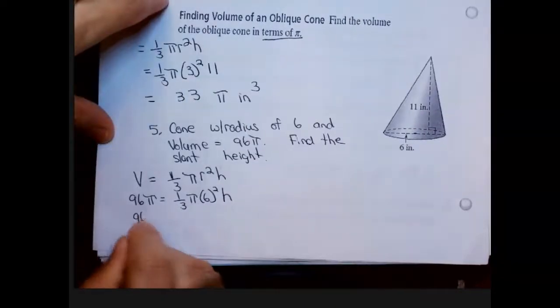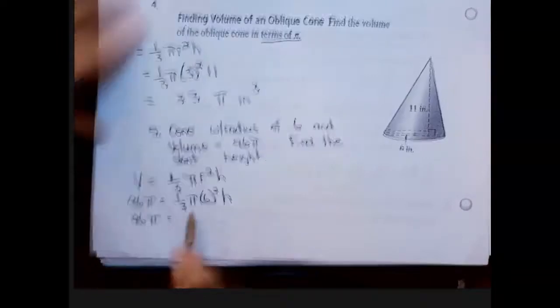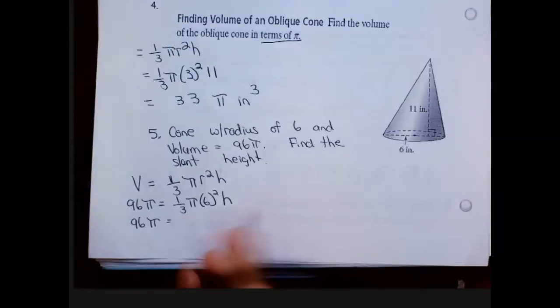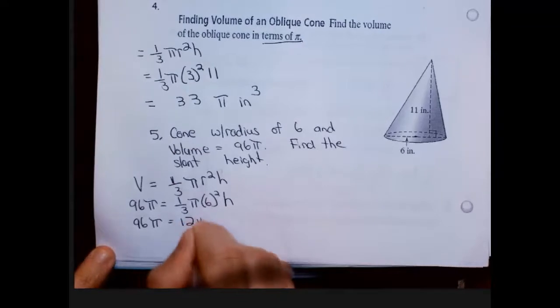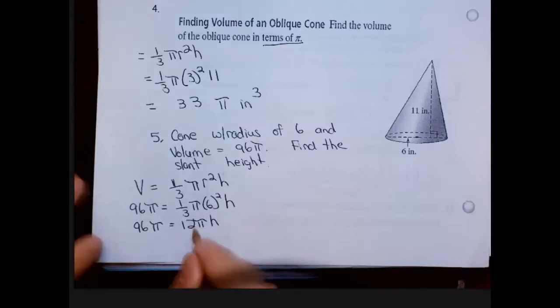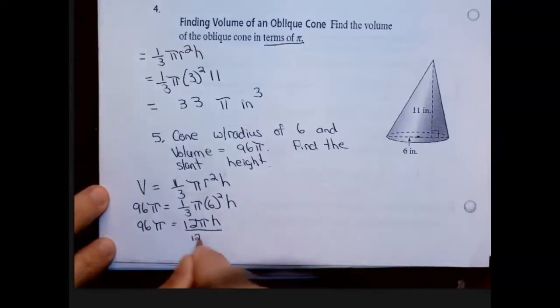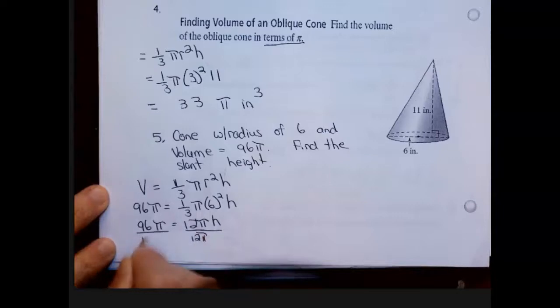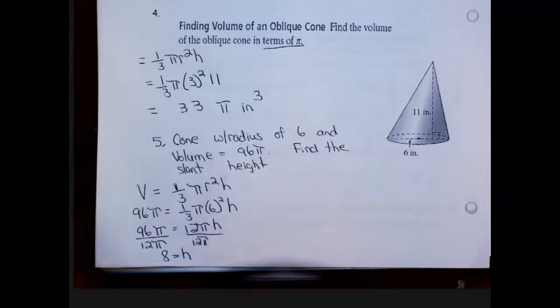So let's simplify what we have. 96 pi, if I do 1/3 times 6 squared, we get 12 pi h. I need to solve for the height. I need to get h by itself. Right now there's multiplication going on, so I want to undo that, and I'm going to divide, and we end up with h is equal to 8.